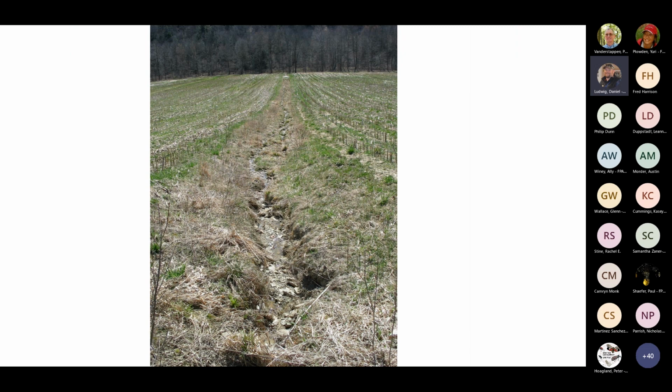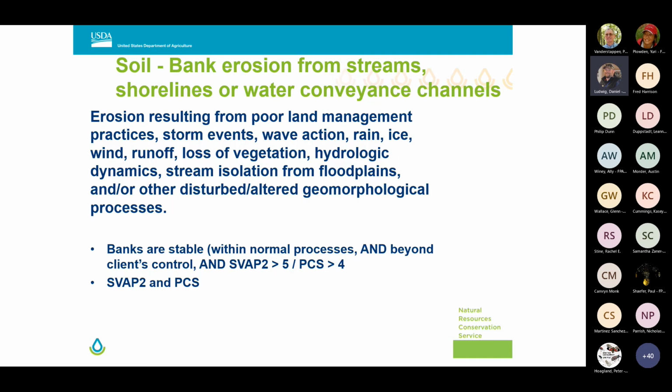The typical scenario is a grass waterway to slow down the flow and spread the water out, and depending on the site, we may need to cut the watershed off, do multiple different things in order to treat that.